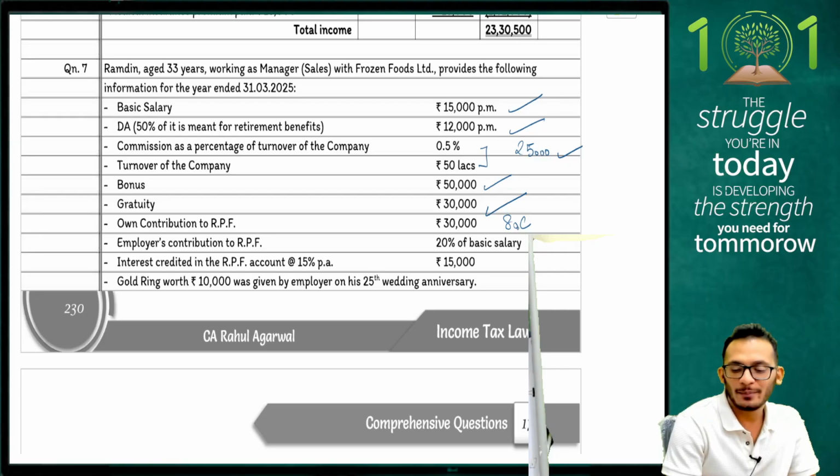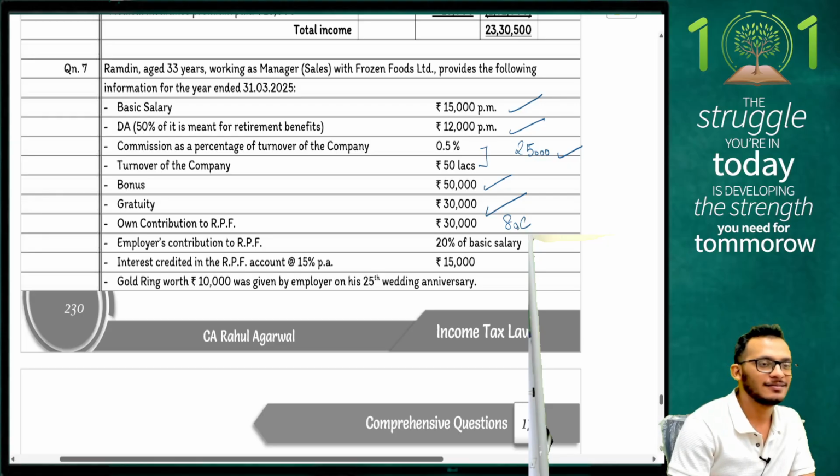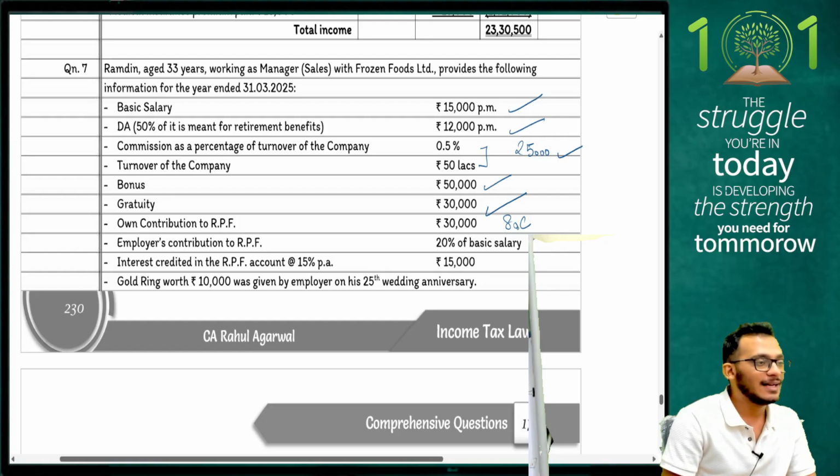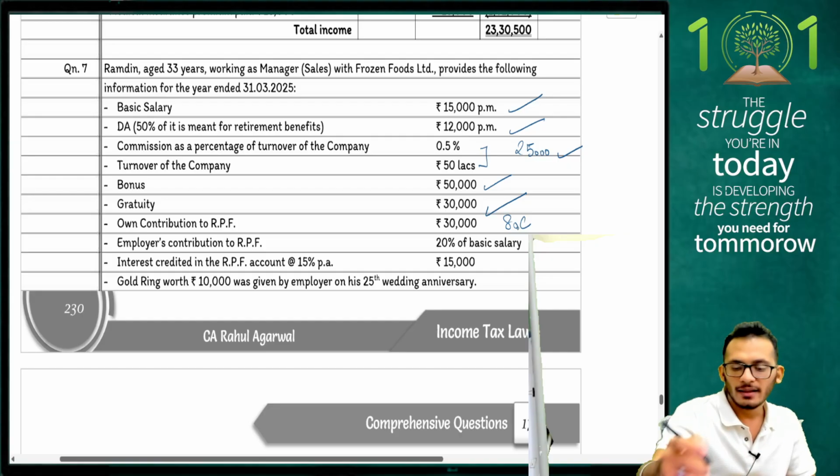Employer's contribution to RPF is 20% of basic salary. I can claim an exemption of 12% of salary, where salary means basic plus DA forming part plus turnover commission.